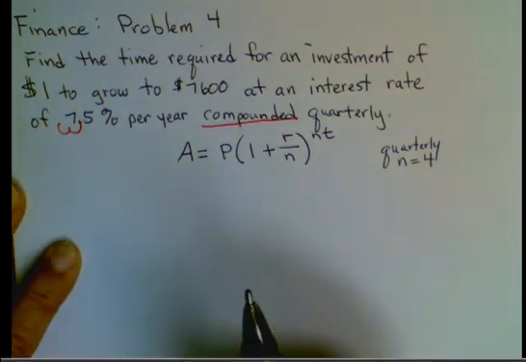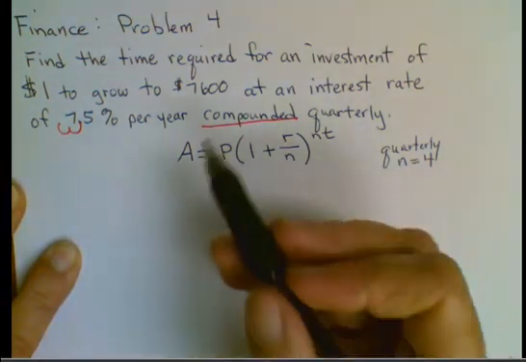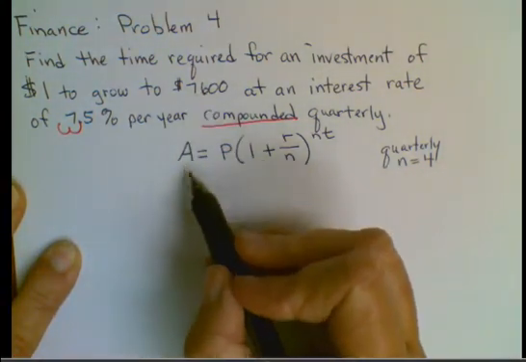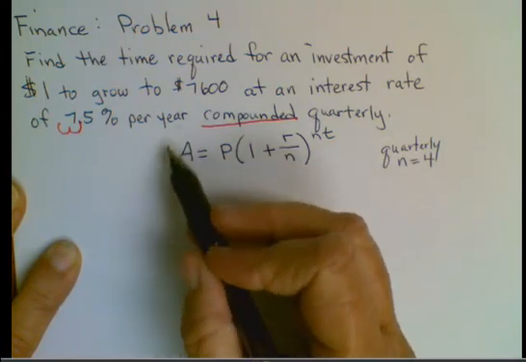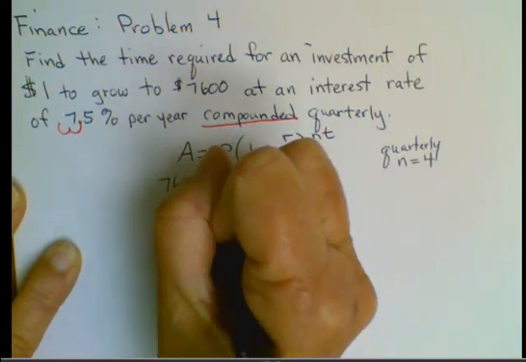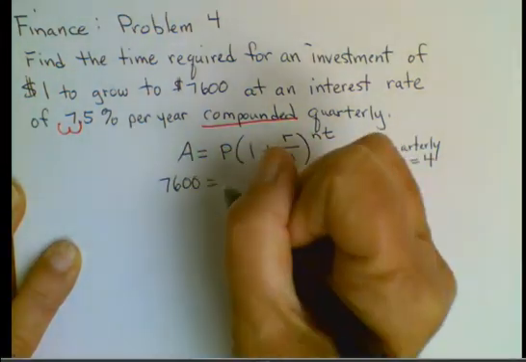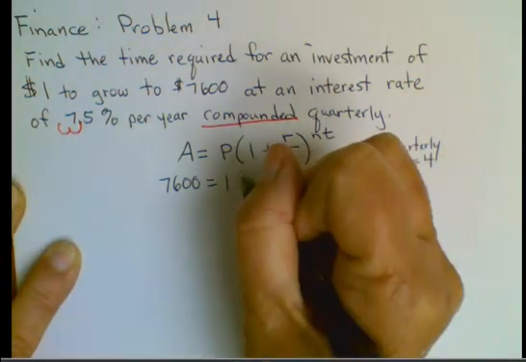Right, so we're going to plug in. We want at the end of the time to have $7,600, so that is our A, the accumulated amount that you get in the account. P is still your principal. We're putting in $1.